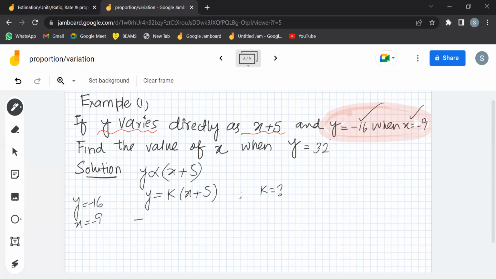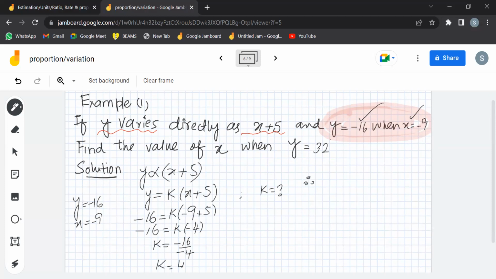So minus 16 is k into minus 9 plus 5. Minus 16 is equal to k into minus 4. k is minus 16 over minus 4. k is equal to 4.